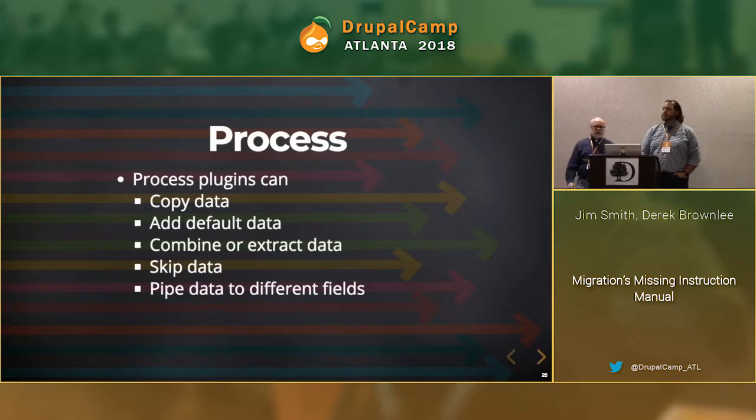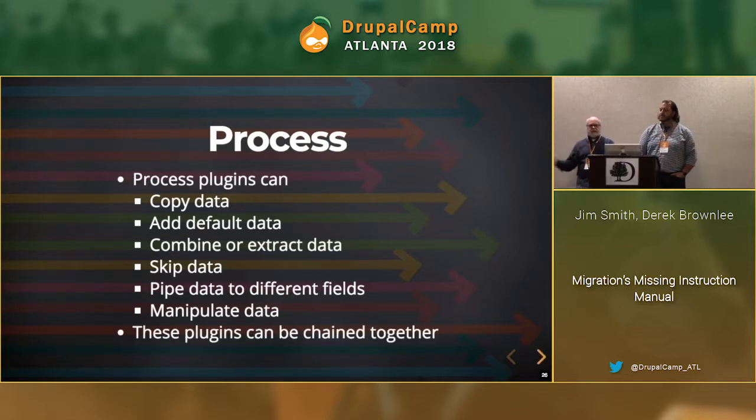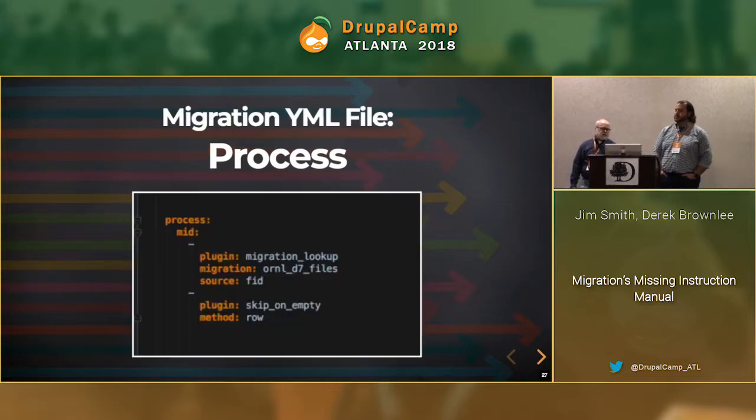You can take some data from one part of your content type and move it to a different field altogether. You can manipulate it. All these things can be done within plugins. And then, as I said, these can be chained together so that you can, say, extract some data, combine it with some other data, and then pipe it out to your destination.